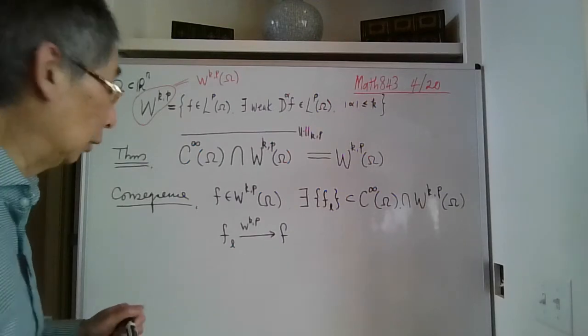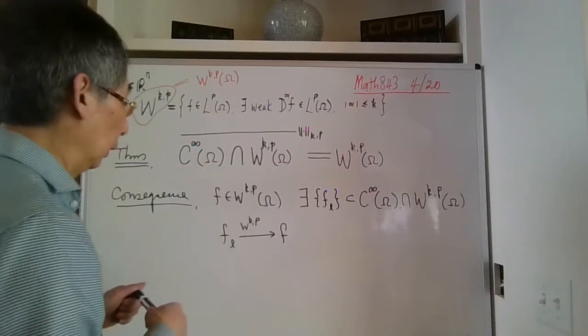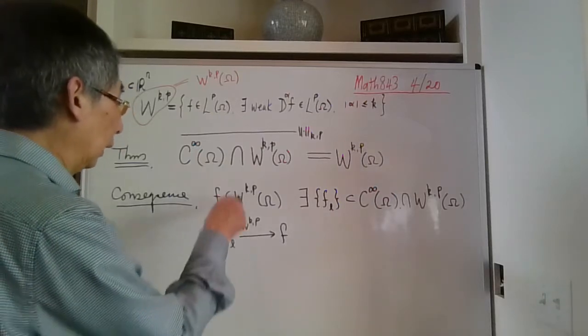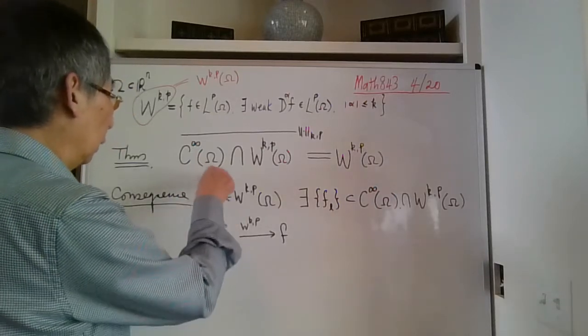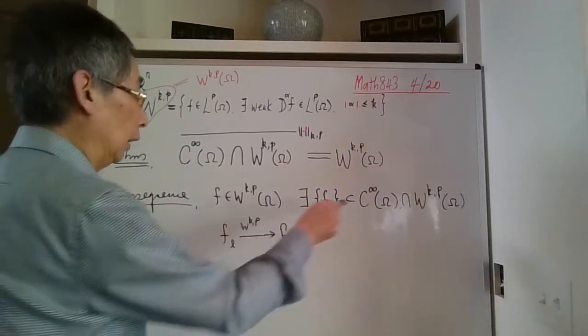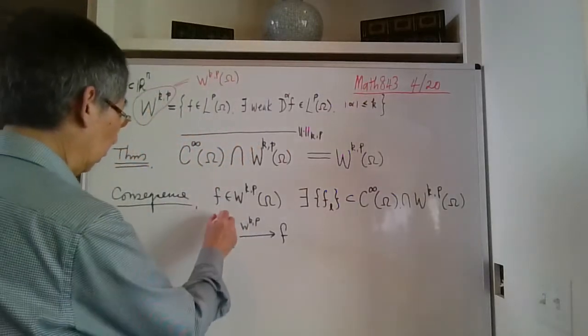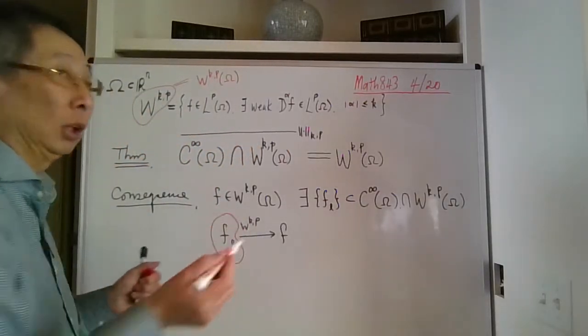Later I'm going to show you an example of how to use these tools. It's basically saying that if you have to handle a W^{k,p} function, you only need to first work on the smooth functions and get the result you want.